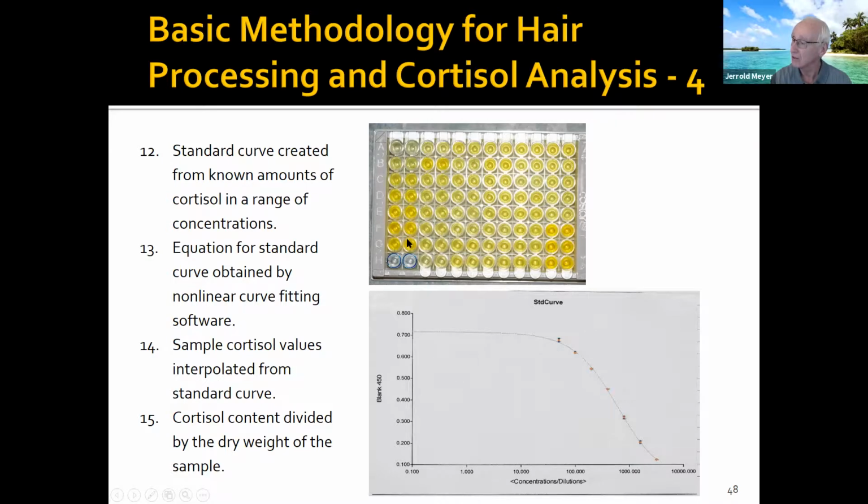The ultimate color that you're measuring is yellow here. More yellow means less cortisol. It has to do with the chemistry. We don't have time to get into it, but it's what we call a competitive assay. Competitive assays give you this inverse relationship.